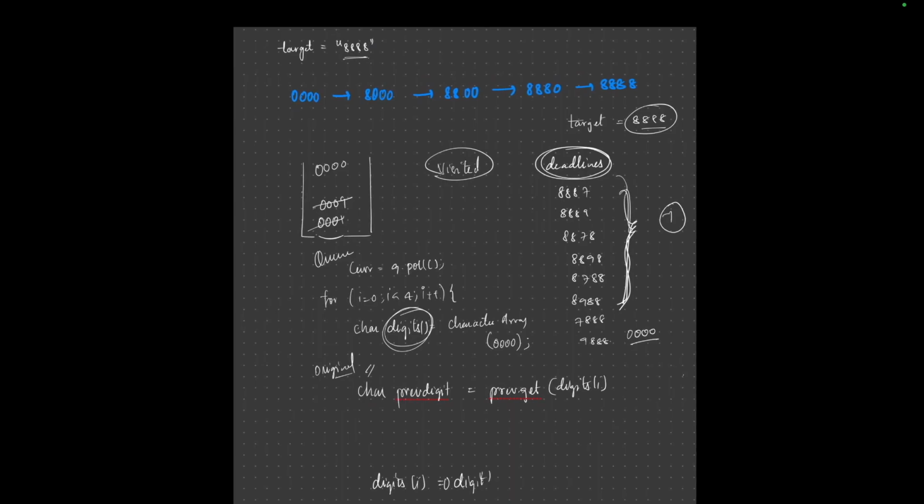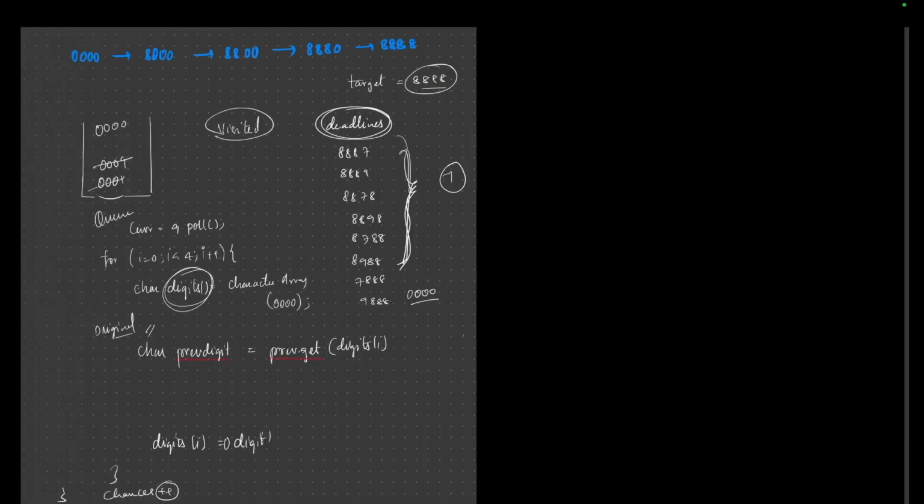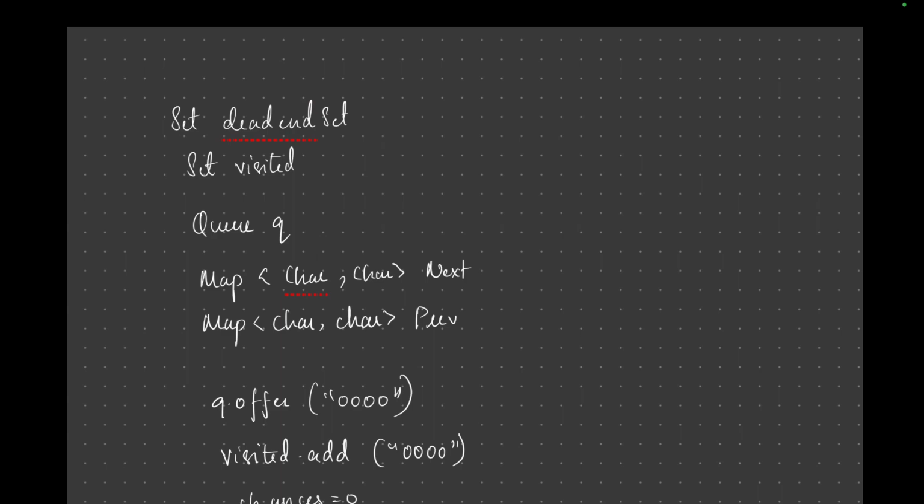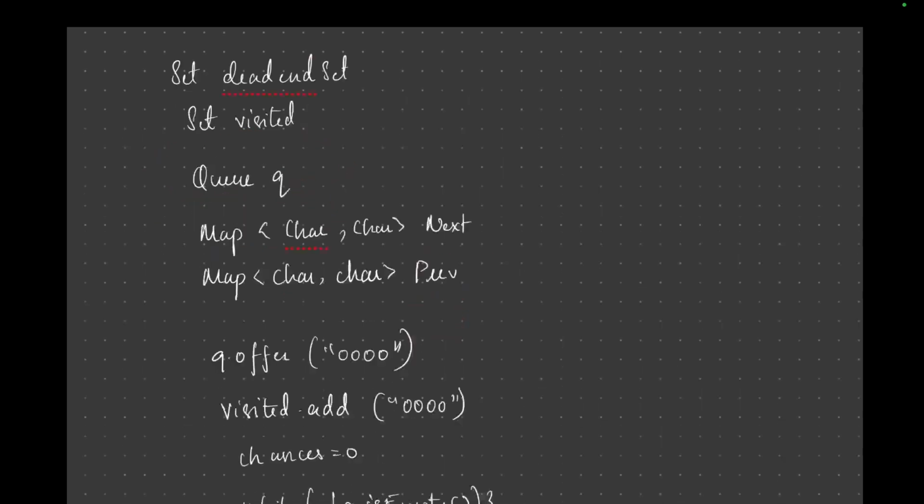So let's quickly walk through the code that I've written in Java. We have a deadend set, as I've already told you. This deadend set is used to convert the deadends array to a set data structure. Similarly we have the visited set, the queue, and two maps, next and previous.